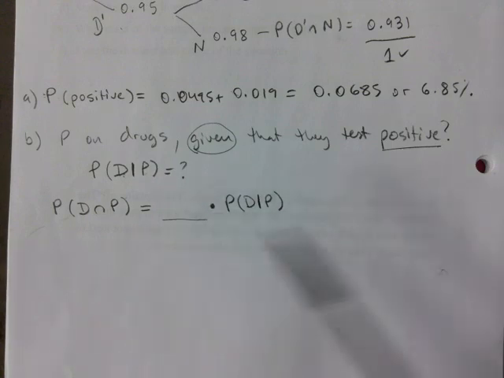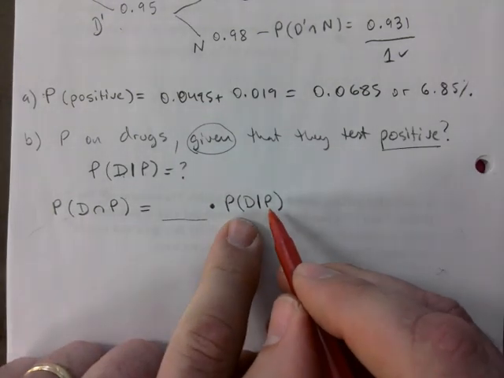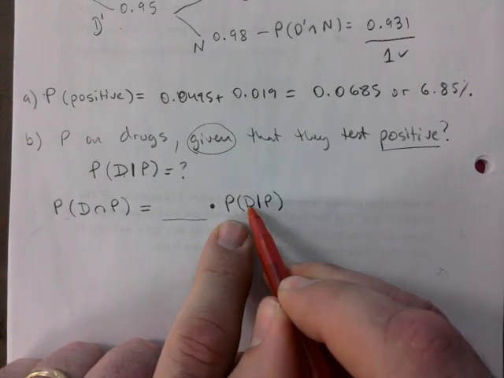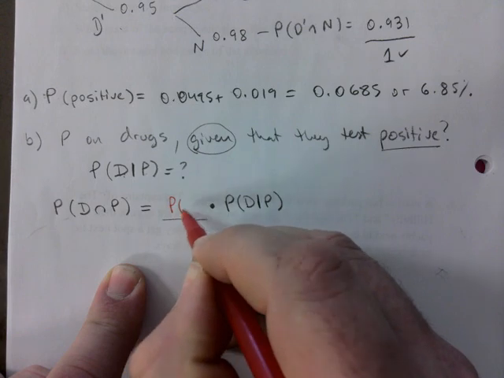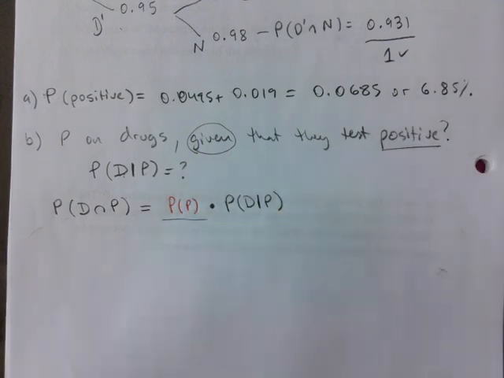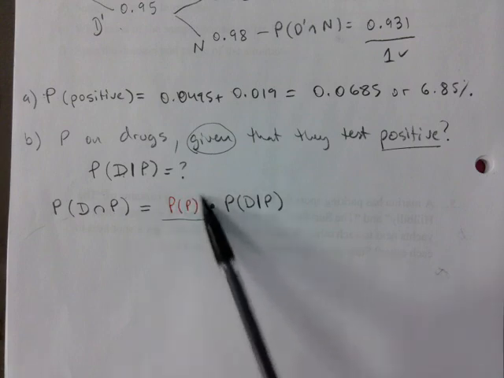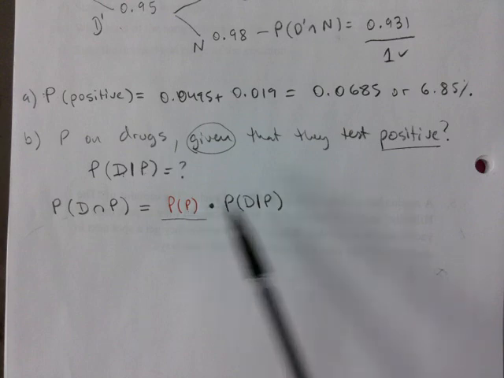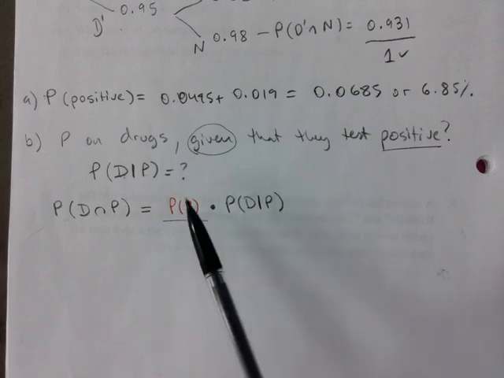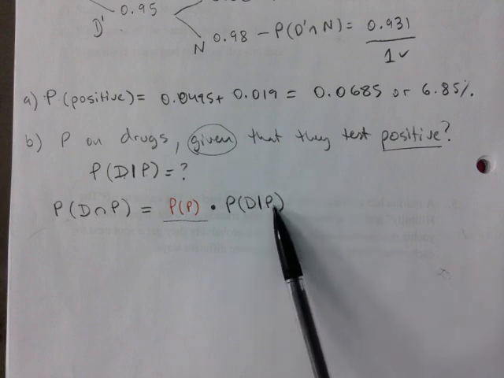And what needs to go in there? You got to go, like if it's PD, this will be probability of someone testing positive. That's what that would be. So this already happened, right? What's the probability of somebody on drugs given that this happened? So if you just know the alternating P, D, P, right?